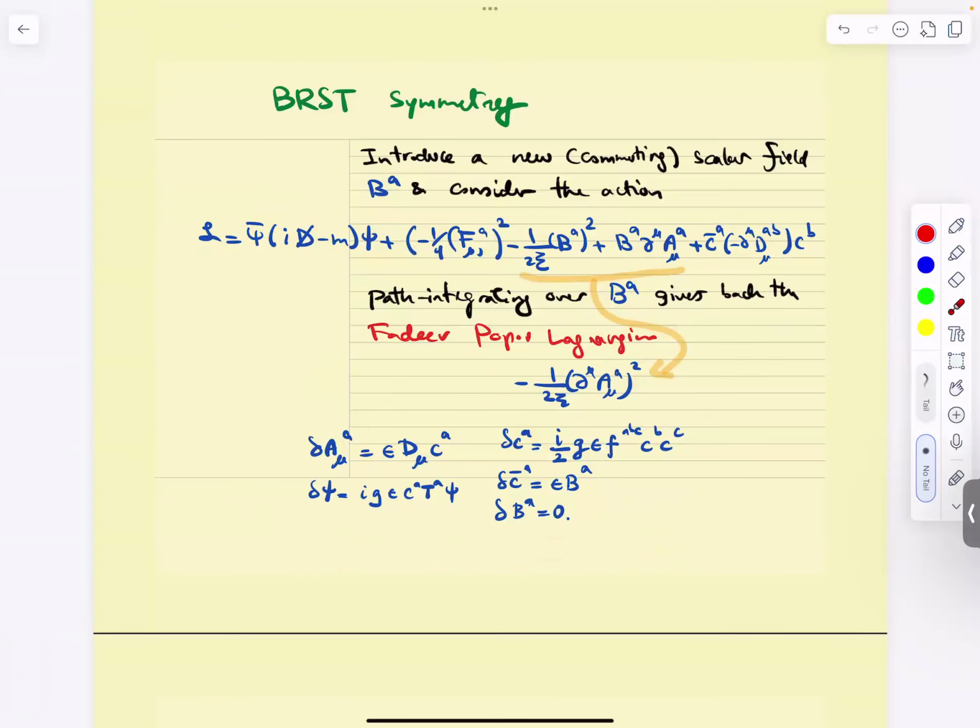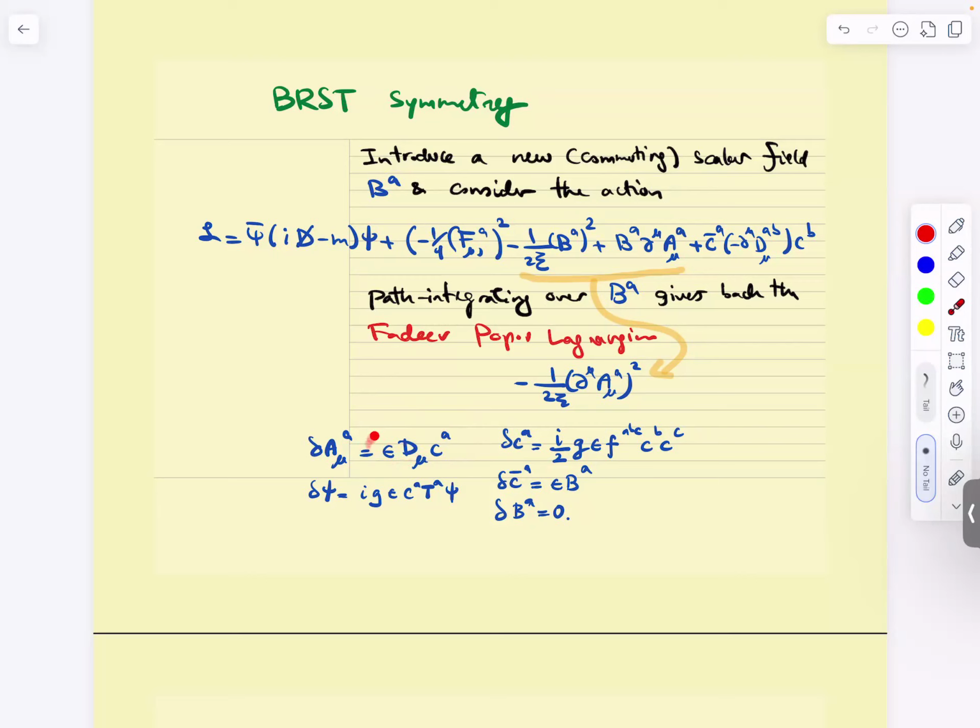We talked about the BRST symmetry. We introduced a new commuting scalar field B^a and wrote the action in this way. Path integrating over B^a will give you back the gauge fixing term we had. Then we talked about a gauge transformation that is proportional to the ghost. Ghosts are anti-commuting degrees of freedom, so the coefficient for that has to be anti-commuting.